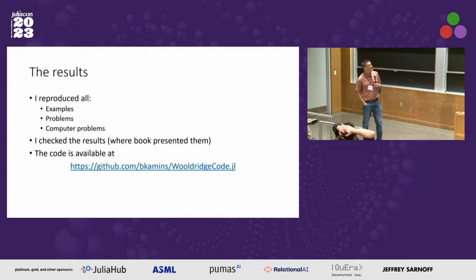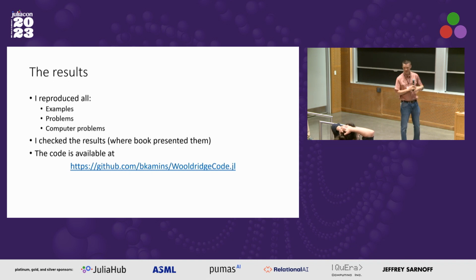What I did, I reproduced all examples in the book, all problems in the book, and all computer problems in the book. If you know this book, examples are what's in the main text, what Wooldridge explains. Problems are those that show results of estimation but ask you questions. But I reproduced also the tables that he gives.